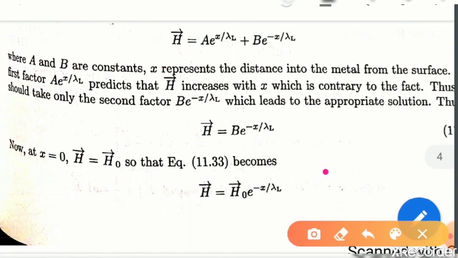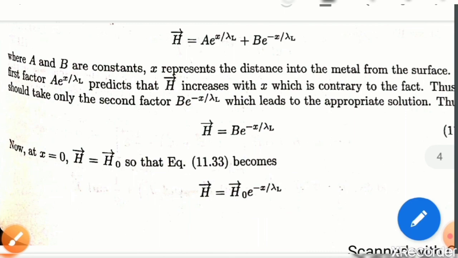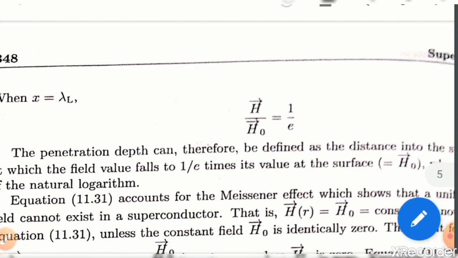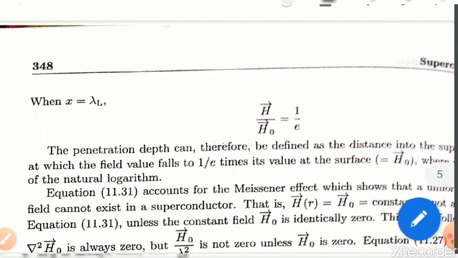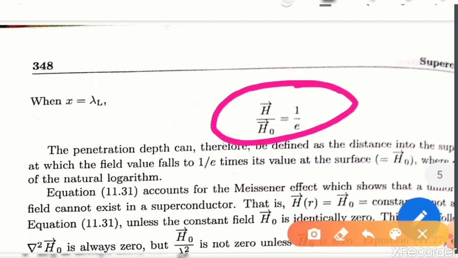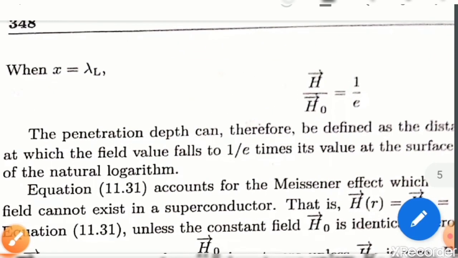Now, the previous equations account for the Meissner effect, which shows that a uniform magnetic field cannot exist in a superconductor. That is, H equal to H naught equal to constant is not a solution of equation 11.31.